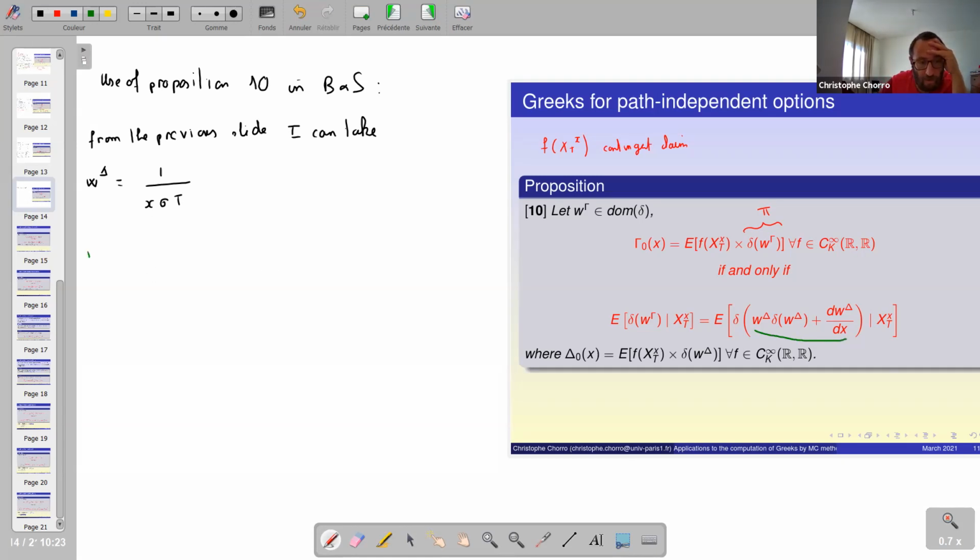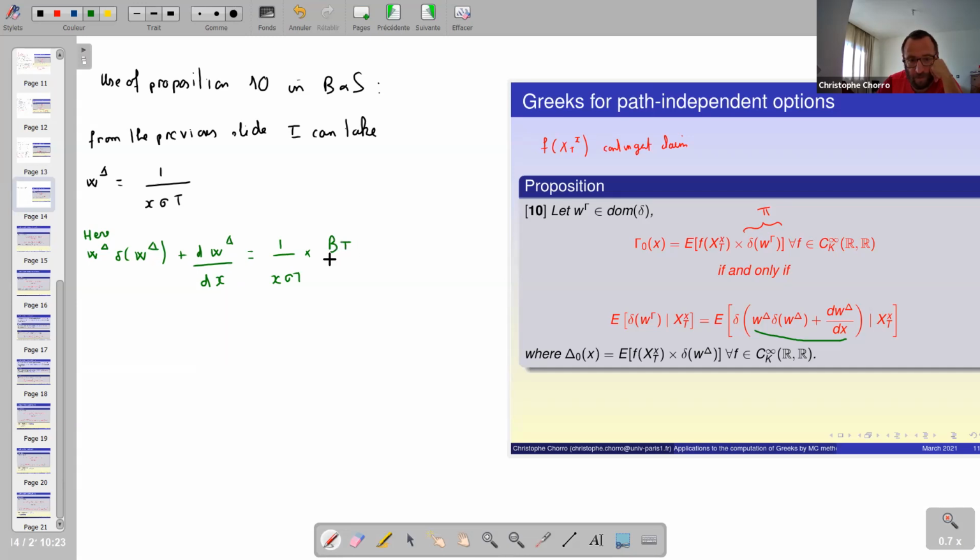In this case, W delta plus dW delta dx is given by what? I plug inside. I have 1 over x sigma t multiplied by the squared integral of this one, that is the squared integral of something that is progressively measurable.